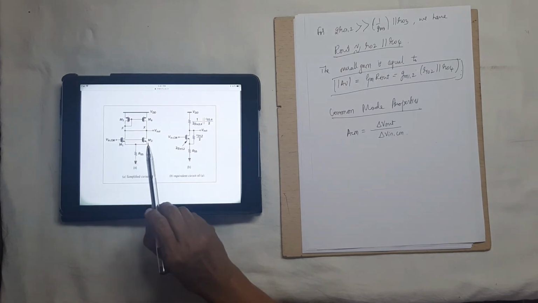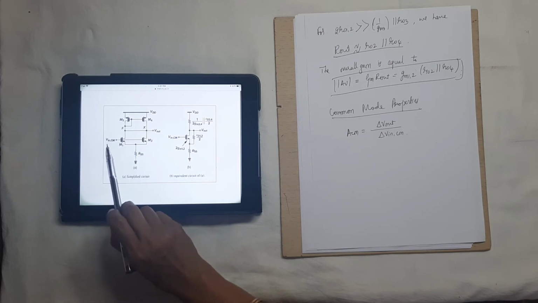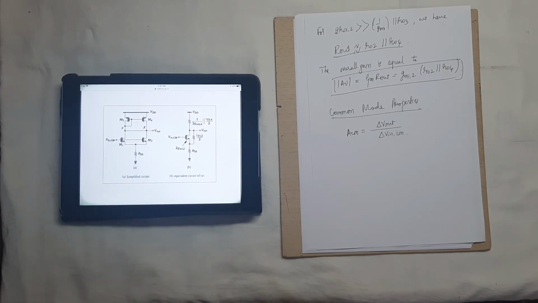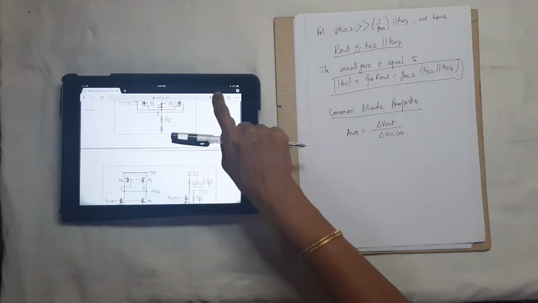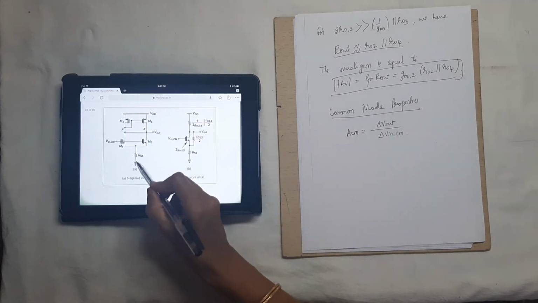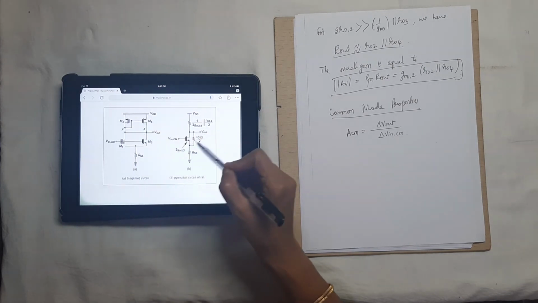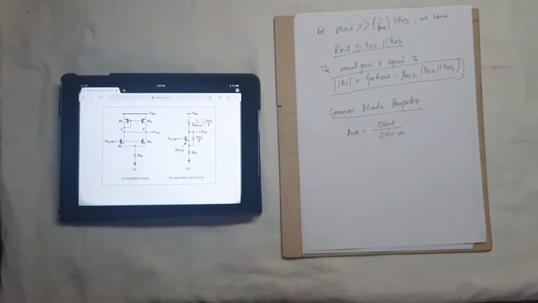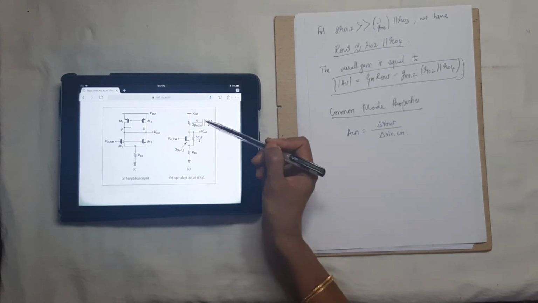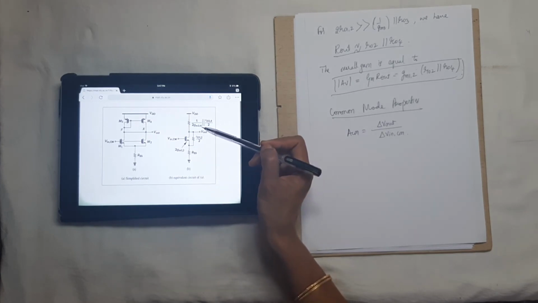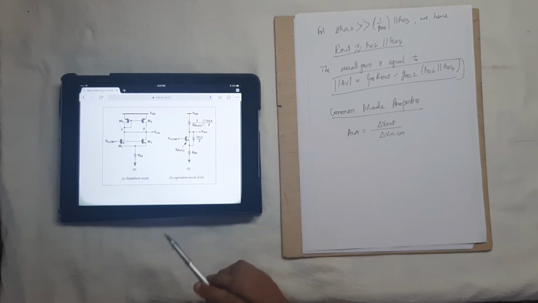And at M1 and M2, a common mode voltage is given, V in Cm, and here we have the resistance RSS. The equivalent circuit of this is this. These two transistors together can be represented as 1 upon 2 GM34 parallel to RO34 divided by 2.